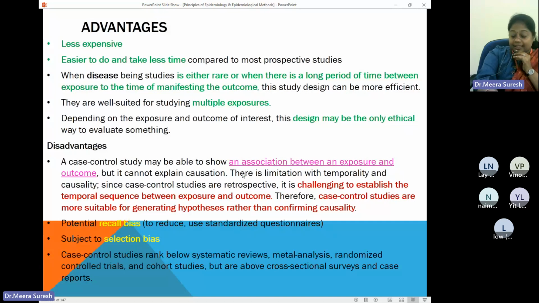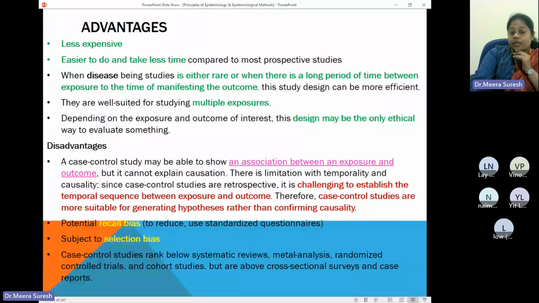A sequence cannot be given, and that sequence is very important; that sequence is what we call temporality. That temporality is not possible in case control, but it can be solved in a cohort study. When we do the next advanced study, the cohort study, we can prove that temporality.